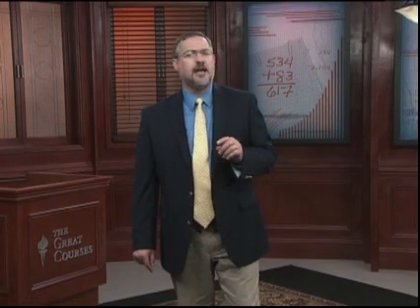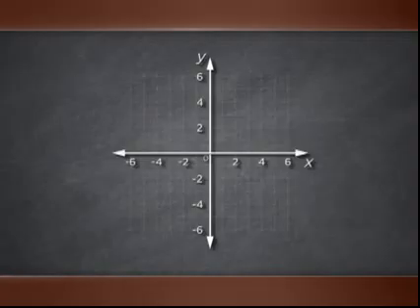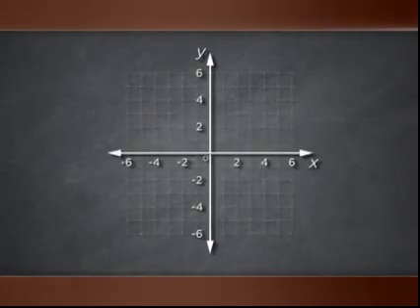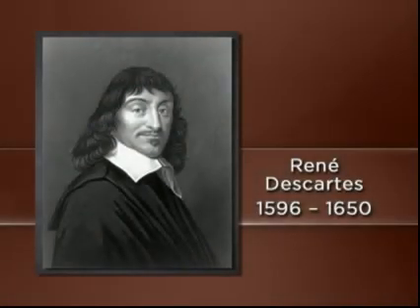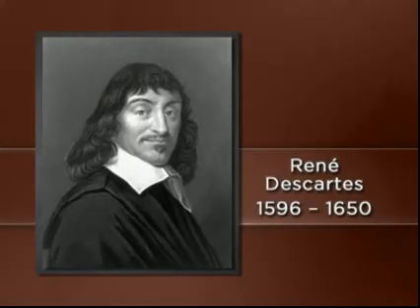Now let me start by sharing a bit of history about graphing in the XY plane and also share a number of vocabulary terms we will use throughout this lesson. First, let's look at some history. The XY plane, which is sometimes called the Cartesian plane or the Cartesian coordinate system, is named for the French mathematician and philosopher René Descartes, who was born in 1596 and died in 1650.